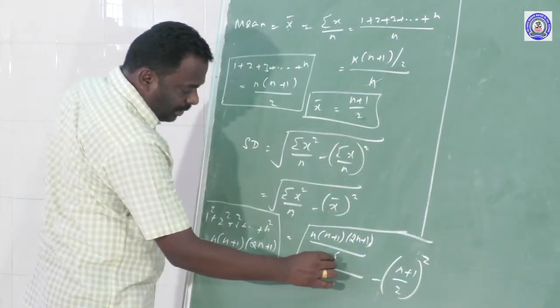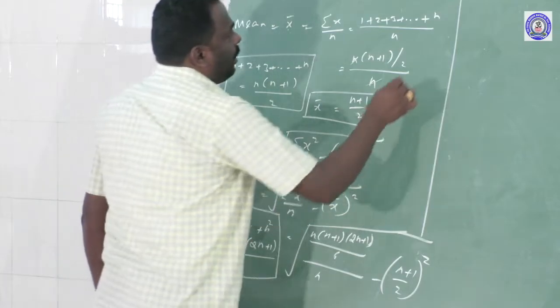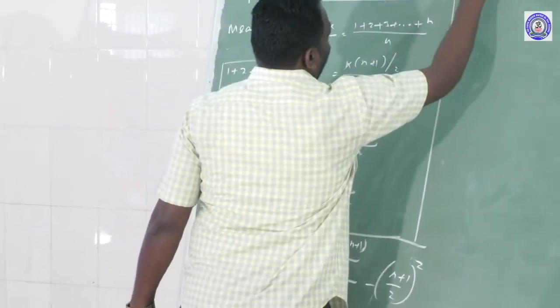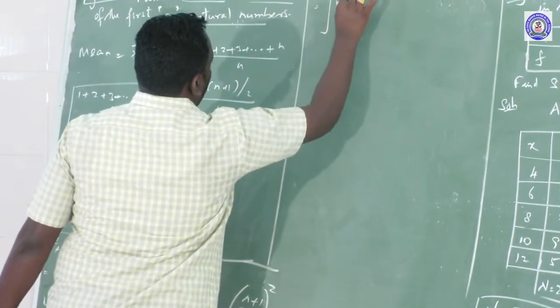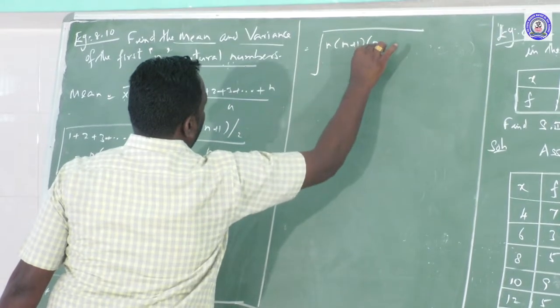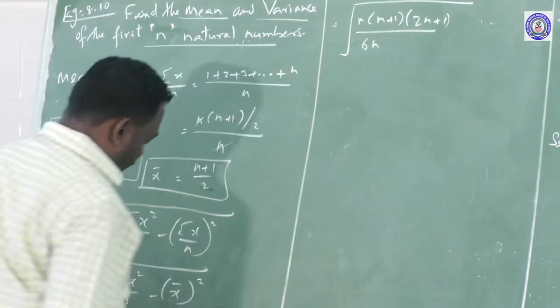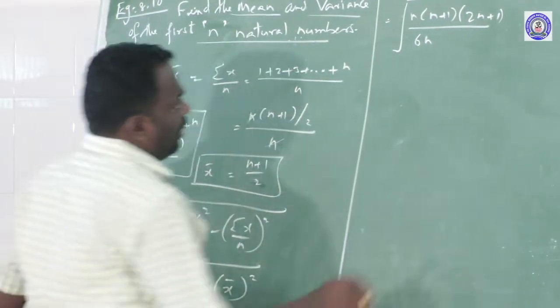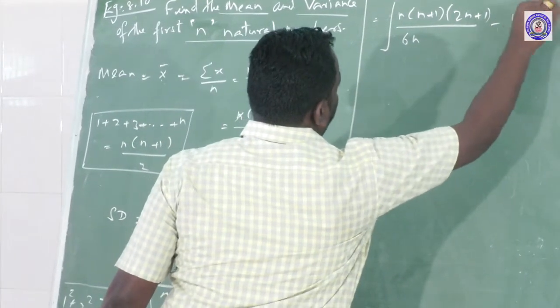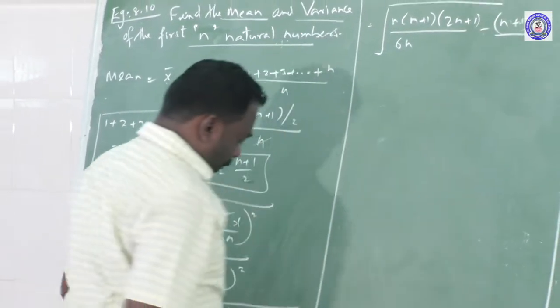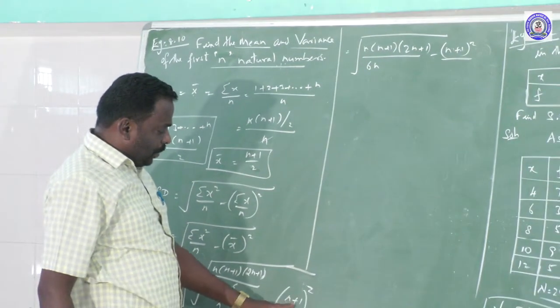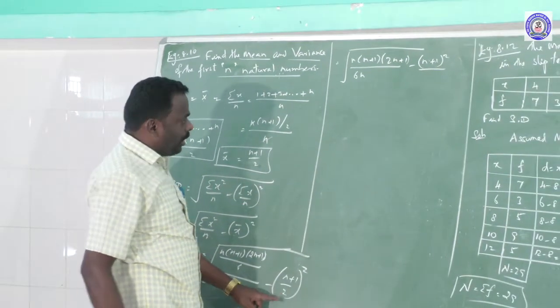Now just simplify, the 6 comes down: the square root of n into n plus 1 into 2n plus 1 by 6 into n, the first term, minus n plus 1 whole square by 2 square, which is 4.